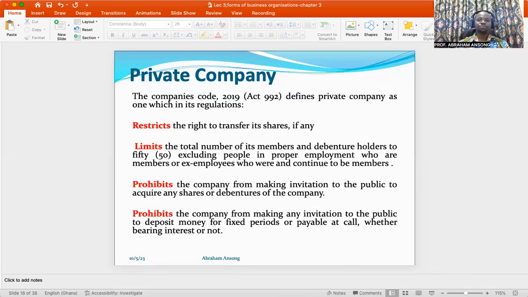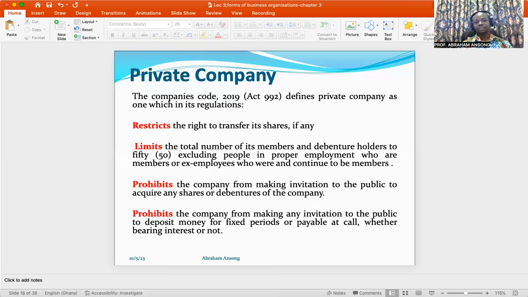Okay, the next point is similar to that: it prohibits the company from making an invitation to the public to deposit money for fixed periods or payable at call, whether bearing interest or not, all right? So financial institutions like savings and loans, banks, and other regulated non-financial institutions may have different rules applicable to them when it comes to this particular point.